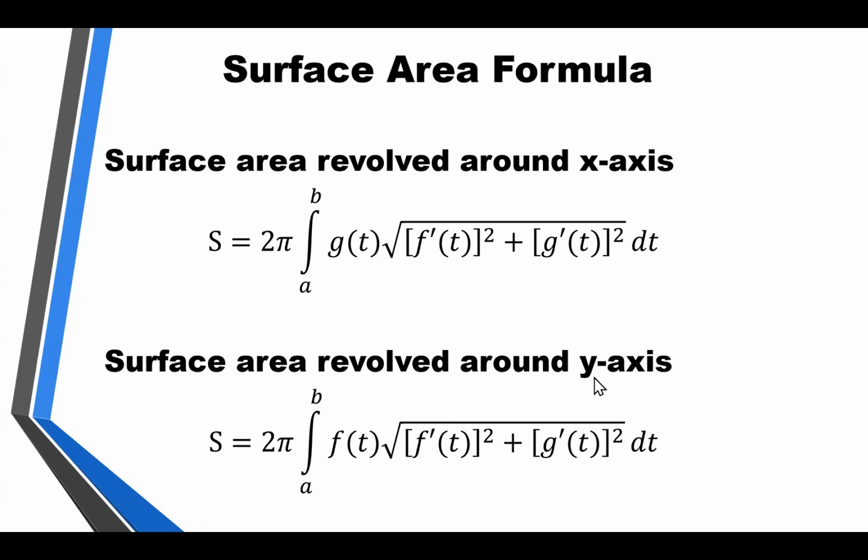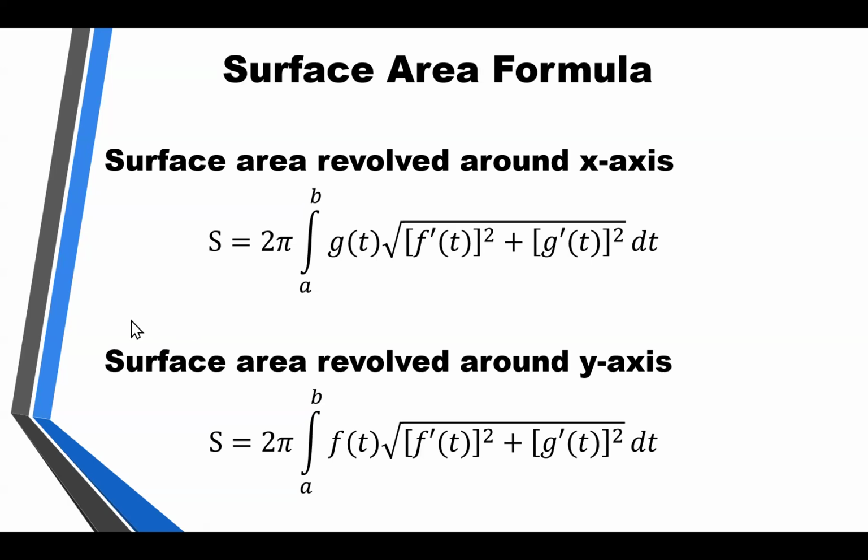And if I want to revolve around the y-axis, I just do almost the same thing, but instead of multiplying by g of t, now I multiply by f of t. By the way, this is the normal f of t. This is not the derivative. The same is true here. This is g of t. This is not the derivative.